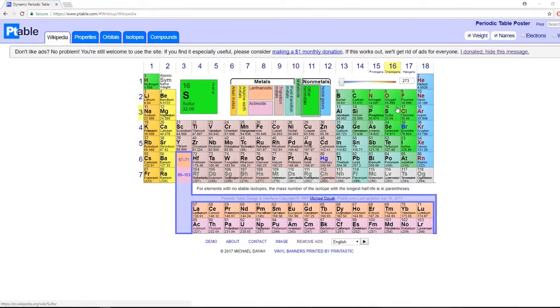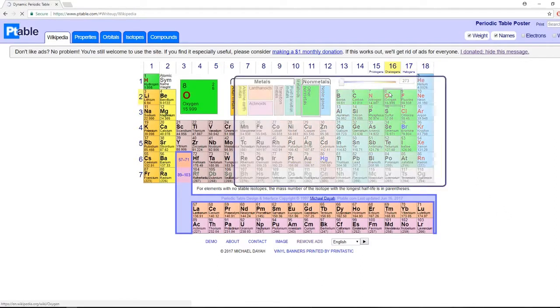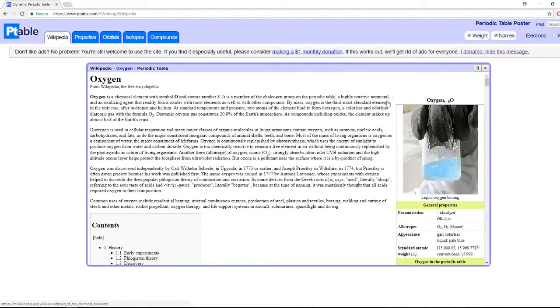Each color represents a certain group in the table, and you can mouse over the groups and it will highlight what group you're mousing over, which is really nice. And also, if you don't know anything about the element, for example oxygen, you can click on it and it will open up the Wikipedia page for the element.